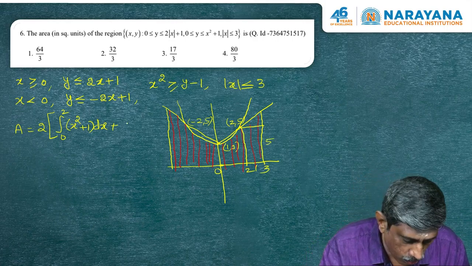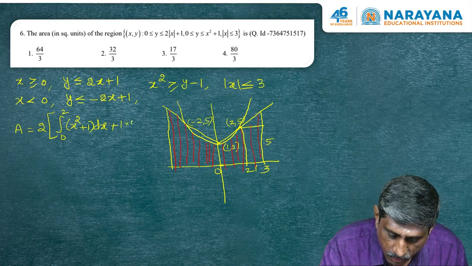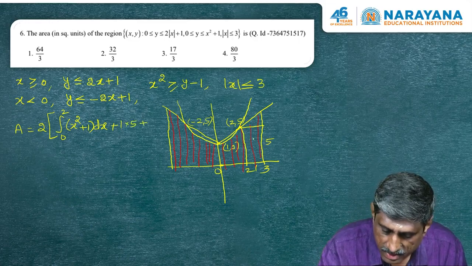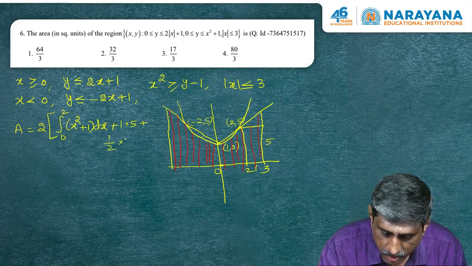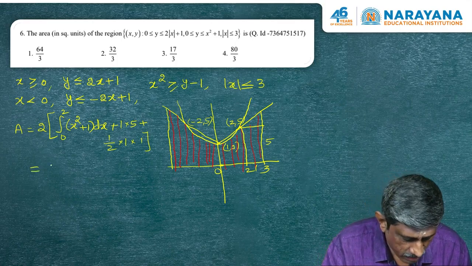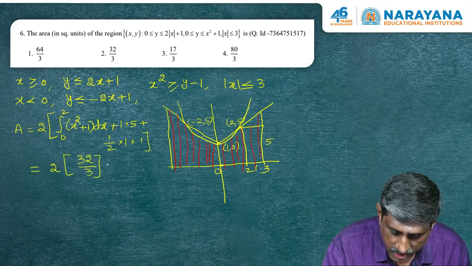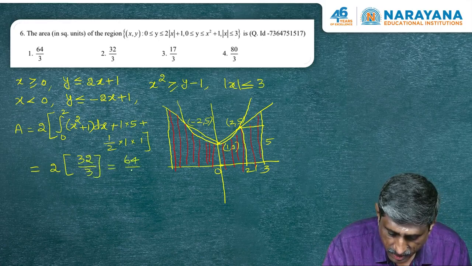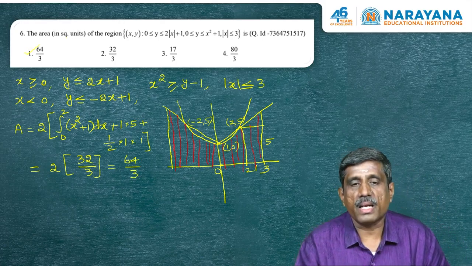So, it is 2 into, you can understand that the value is 1 into 5 rectangle area plus this triangle area, the triangle area is half into base into height, which is also 1, because this height is 1, and when we simplify, we are getting this is 2 times of 32 divided by 3, and which is 64 divided by 3 is the required answer. So, first option is the correct answer directly.